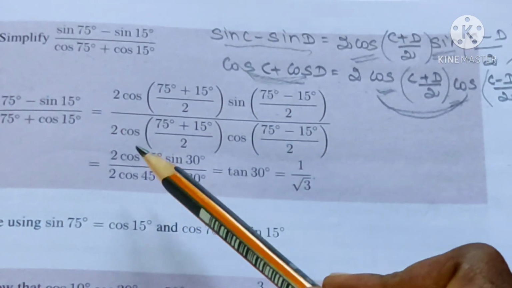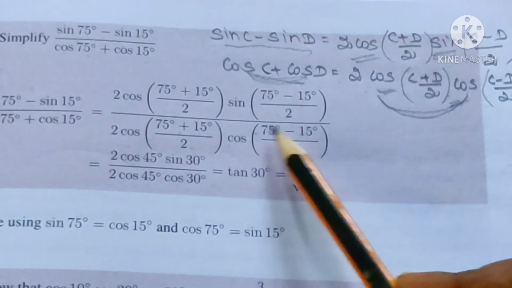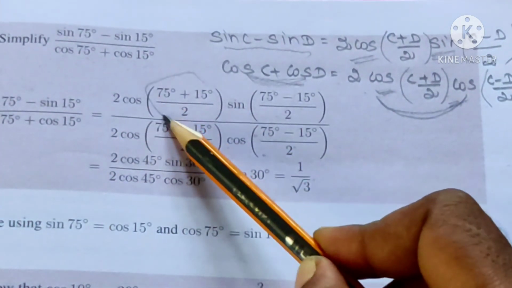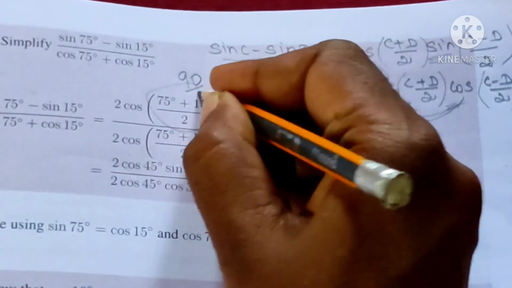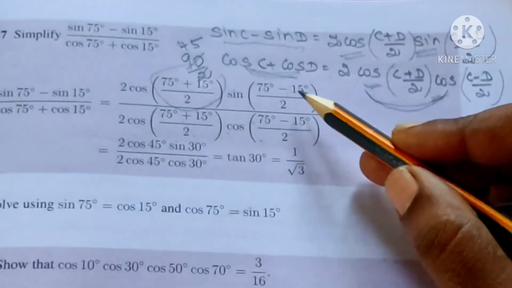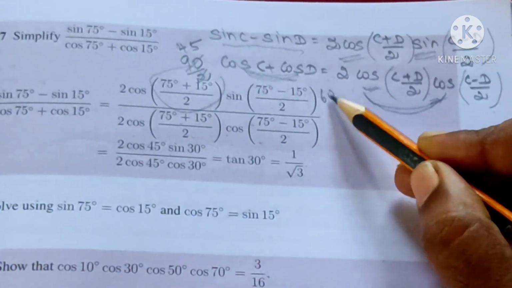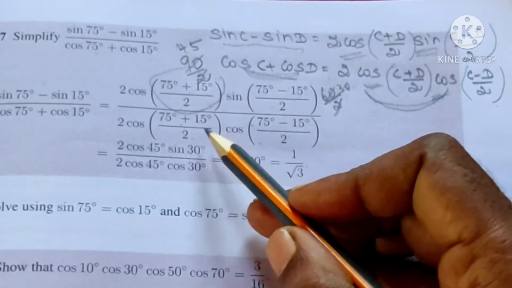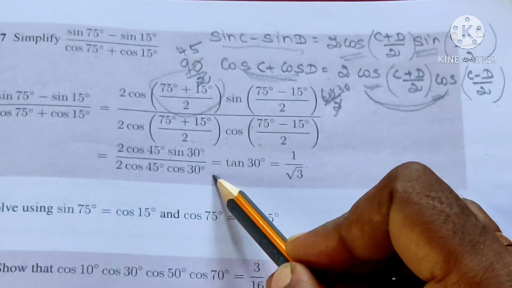So the denominator is 2 cos (c plus d) by 2 cos (c minus d) by 2. Then simplify the terms. 75 plus 15 is 90 degree, 90 by 2 is 45. 75 degree minus 15 degree is 60 degree, 60 by 2 is 30. So sin 30 degree in the numerator. Denominator also we get 2 cos 45 degree and cos 30 degree.